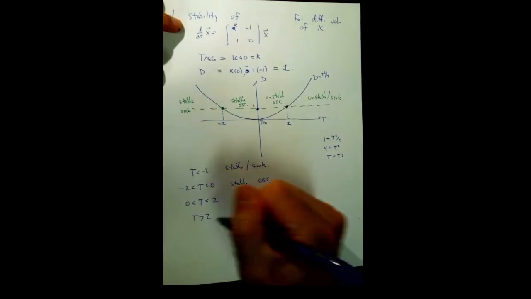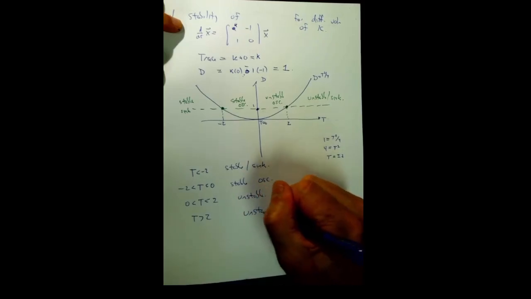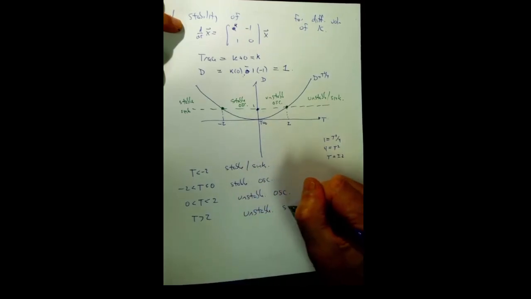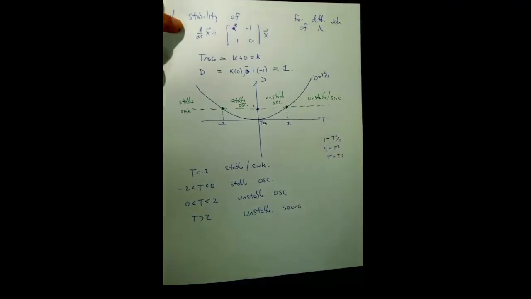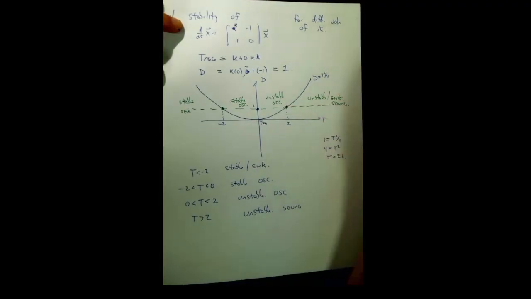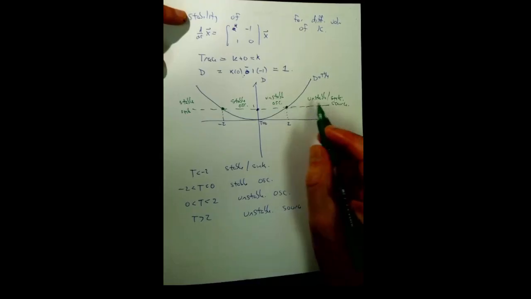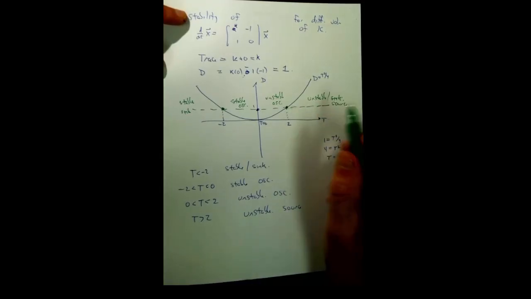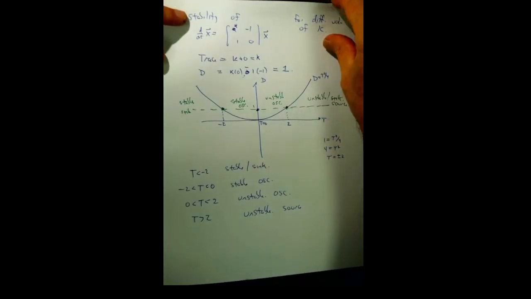And if t is bigger than 2, it's going to be an unstable source, and this was wrong. That should be source. Sorry about that. So in this region, it's unstable and it's a source. Okay.